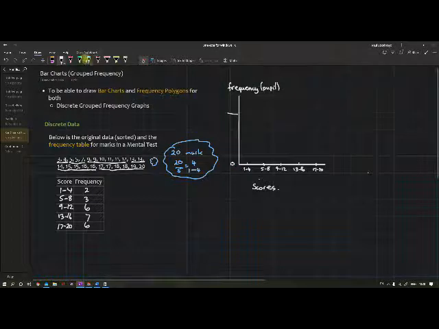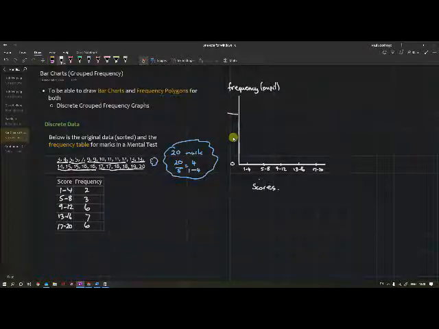If you didn't need to be down at 0 and you felt it was fine to start at quite a high number, so maybe you've got frequencies which go 40, 43, 48, 49, you may not need to start at 0.